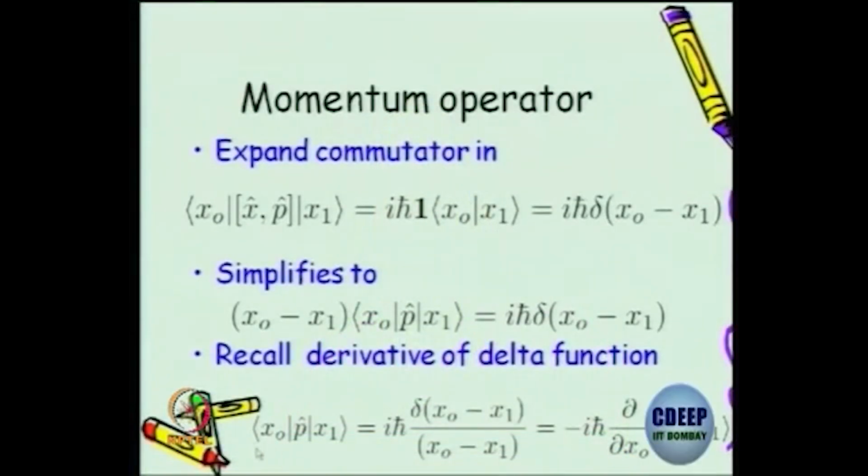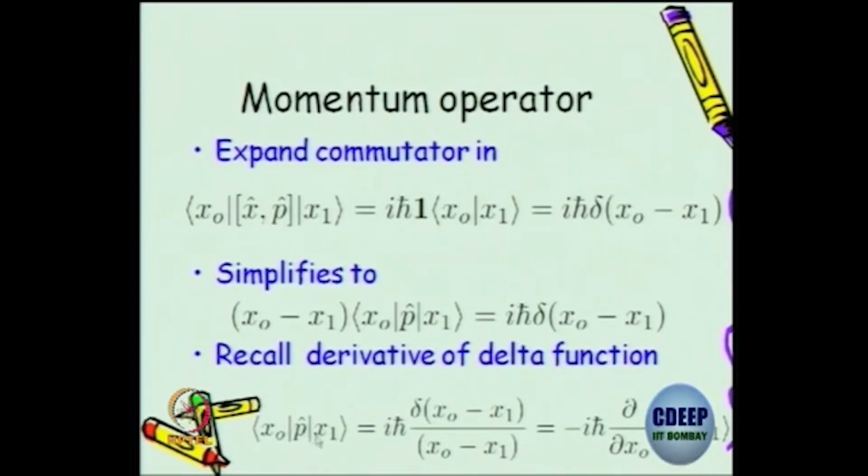So what have we shown here? From here, the matrix element of the momentum operator in the position basis is nothing but minus iħ ∂/∂x0 on the inner product of x0 with x1. So this is what we are showing. Now from here, what is the meaning of this left hand side to the extreme right hand side?